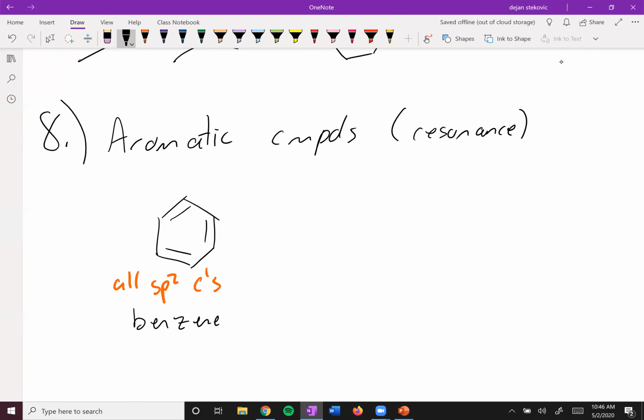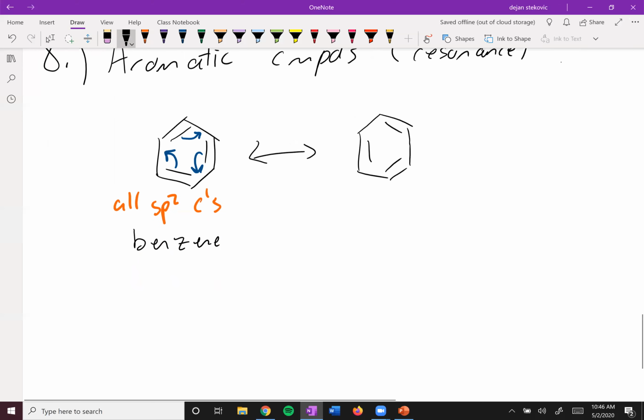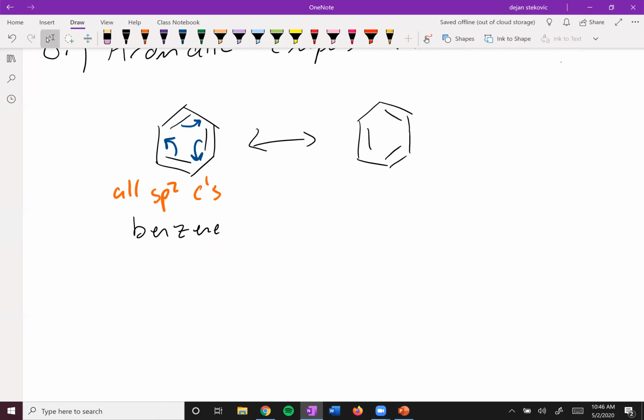It may look like you have some single bonds and some double bonds. That is not actually true. There's a resonance structure here. We can move some of these double bonds around this guy right here to form a resonance structure that looks like that. And remember, resonance structures does not mean that at one time it's the structure on the left and other times it's the structure on the right.